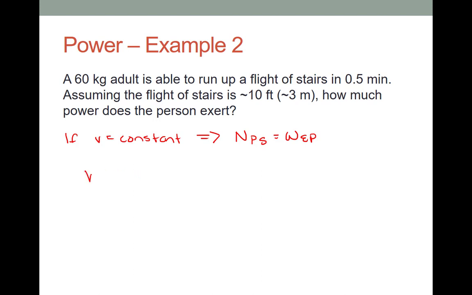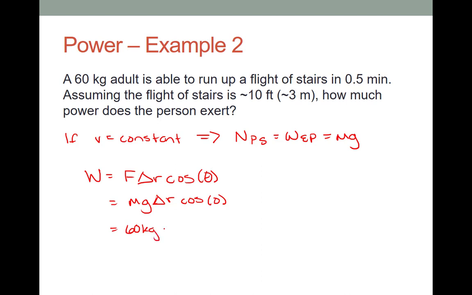Okay, so now I can find the work as the force times the displacement times a cosine of an angle. We just discussed how the force will be weight, which equals mg. Delta R we're given, that's that 10 feet up there. And the angle here, technically weight is going to be opposite the displacement, but the normal force will be in the same direction, so the angle will be 0.